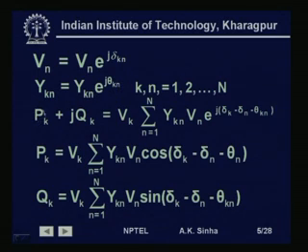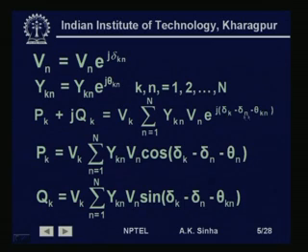Now, substituting this in the equation, we get P k plus j q k is equal to V k summation n is equal to 1 to capital N y k n V n e to the power j delta k minus delta n minus theta k n.